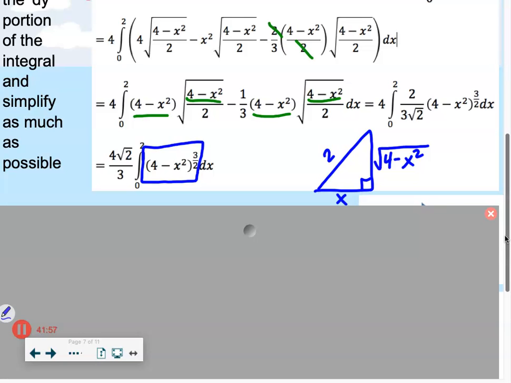So you label the sides of a triangle so that one of them ends up being whatever this guy is. Don't worry about the exponents yet. You just want one of those sides to be 4 minus x squared when you do your Pythagoras.